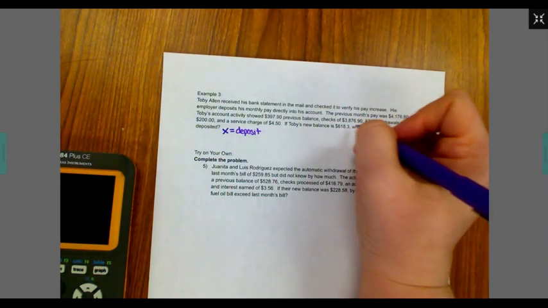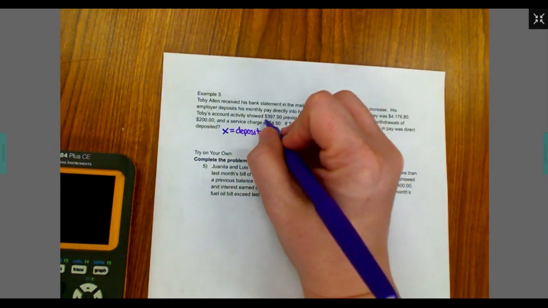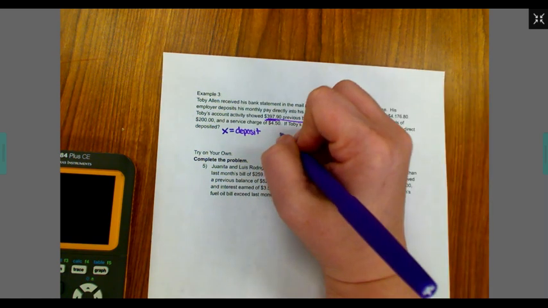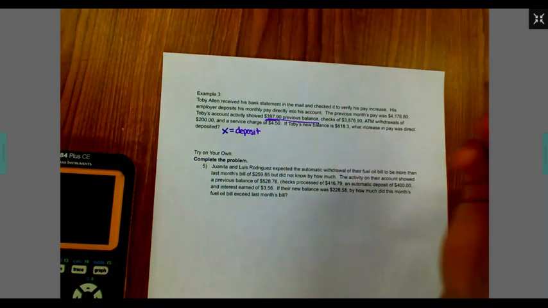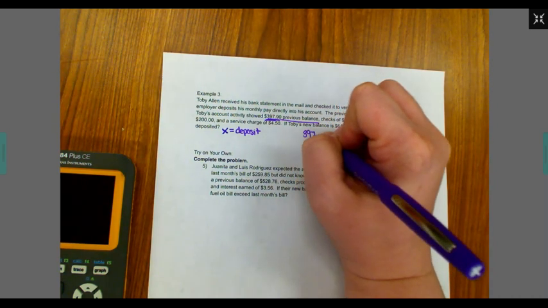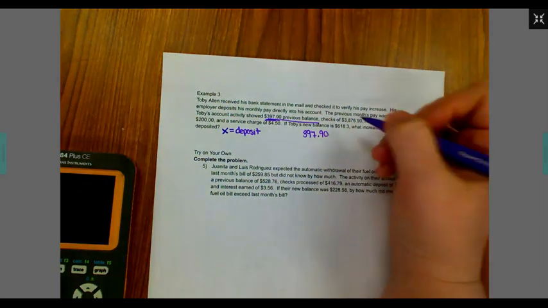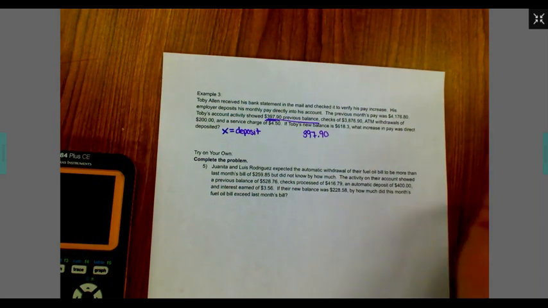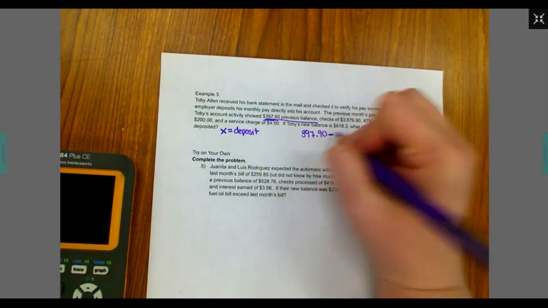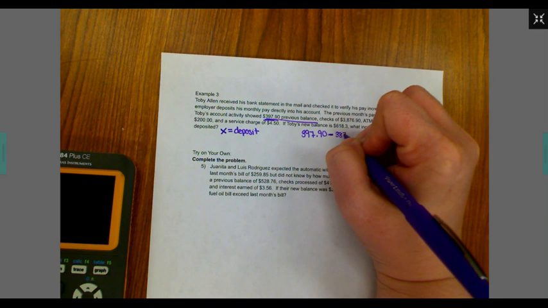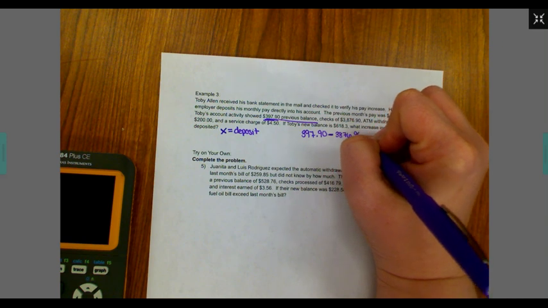So, we have a previous balance of $397.90. We're going to subtract our checks. Those are coming out of my account, okay? So that's going to be minus 3876.90.